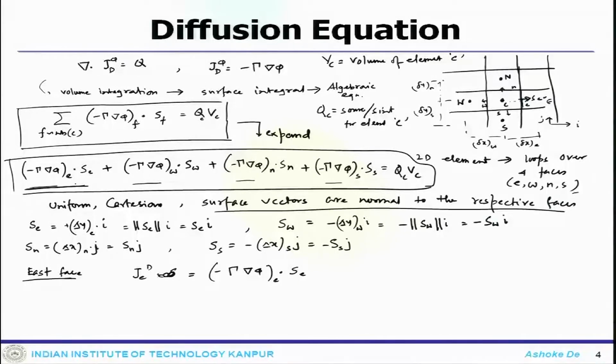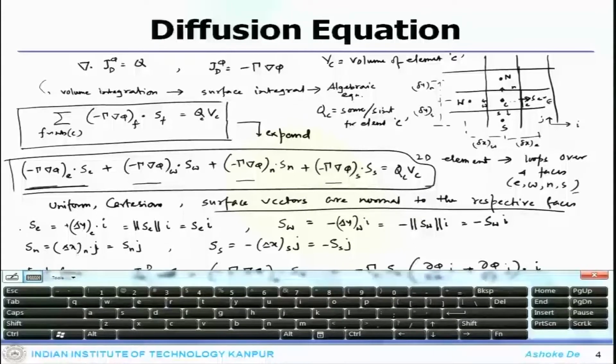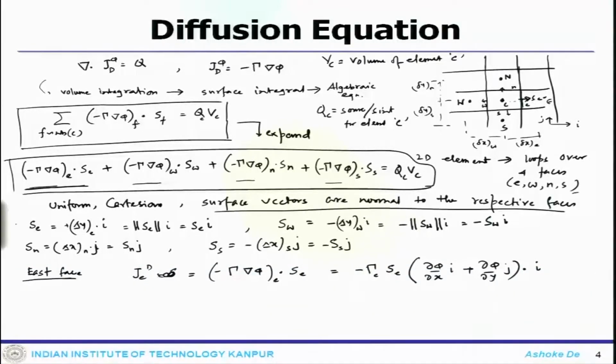Now, if you expand this term, it would be gamma e S e times del phi by del x i plus del phi by del y j, dotted with i, because S e is S e i.